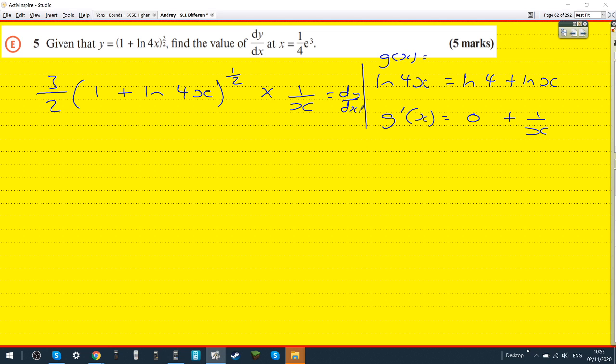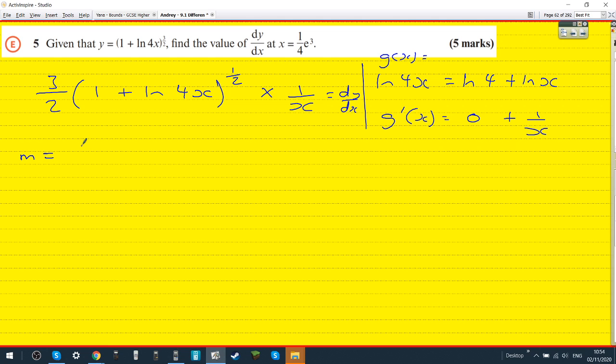Mm-hmm. Also, to get y and get the gradient, I just need to sub in 1/4 e cubed for the x value, and then for the y I need to sub in 1/4 e cubed for the y equals. True, that would be if you're trying to find the equation of the tangent. For this one, they literally just want the gradient, just the m.